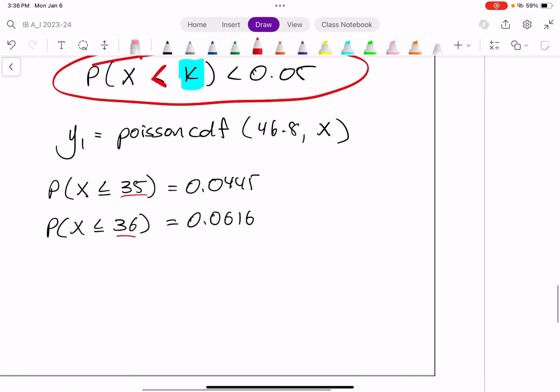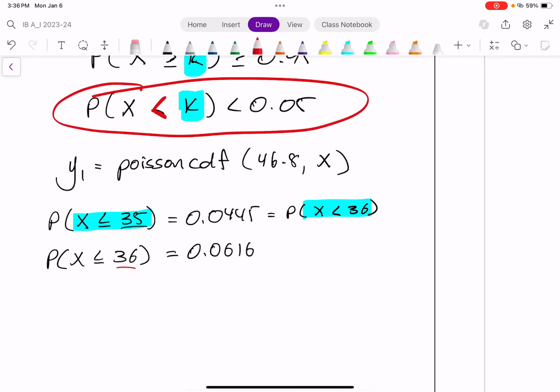So this first, what seems like the solution of 35, because I have a probability just shy of 5%. Keep in mind that's the same as the probability of X being less than 36. Being less than or equal to 35 is the same as being less than 36 when we're dealing with whole values. It's kind of like the first question we saw today.